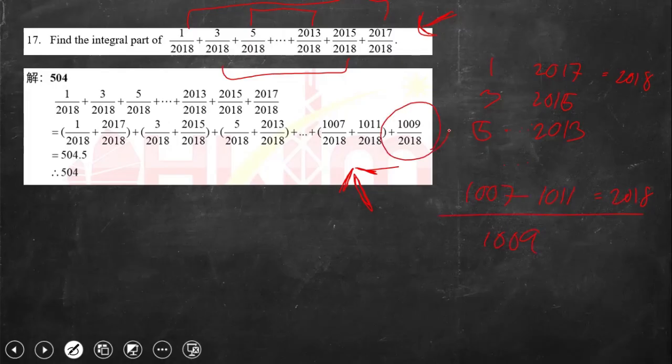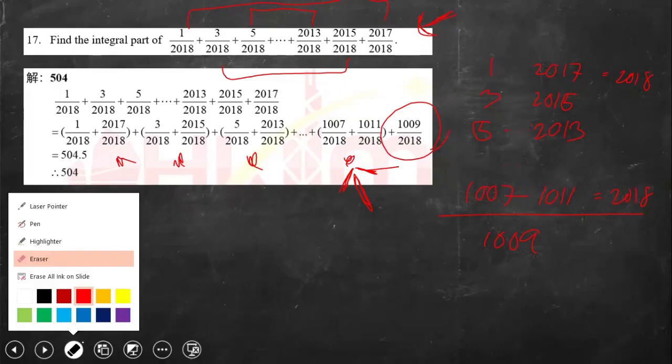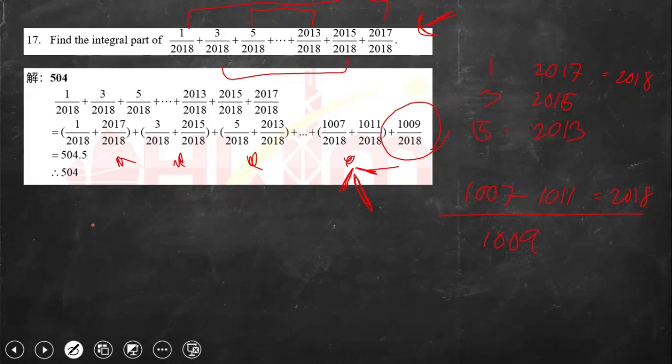So we know that the number of sums that is equal to 2018 in the numerator is going to be equal to the number of sums. You divide, okay? How many numbers are there from 1 to 1007? Just compute it.